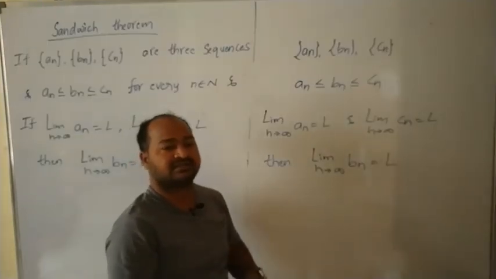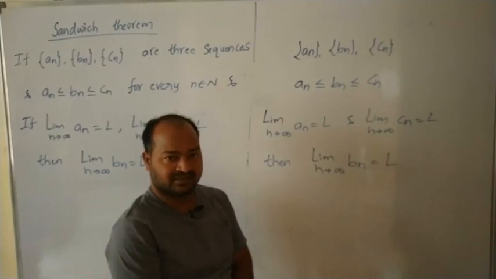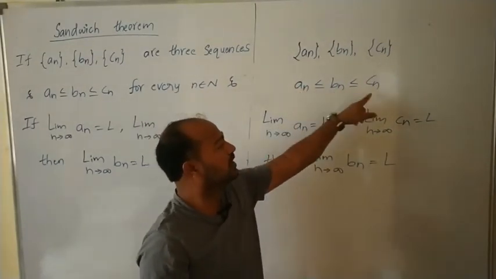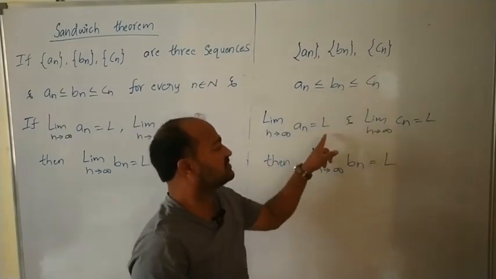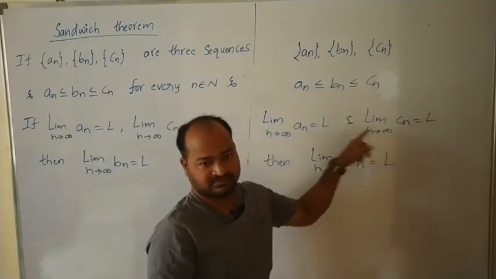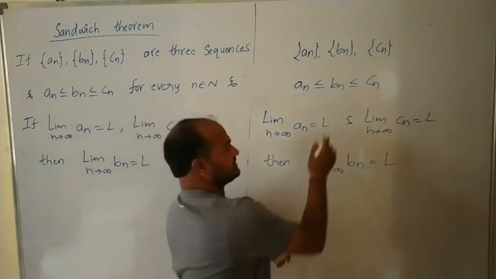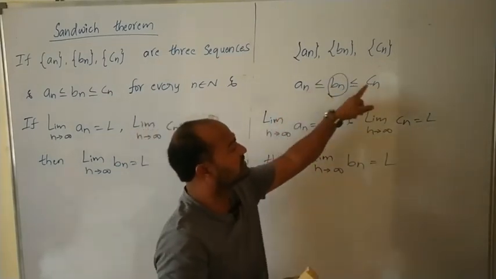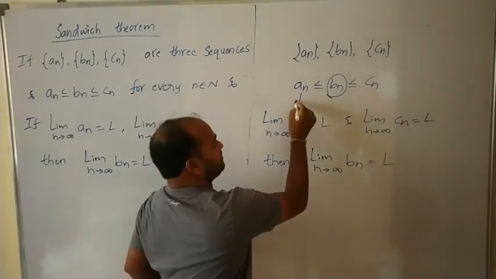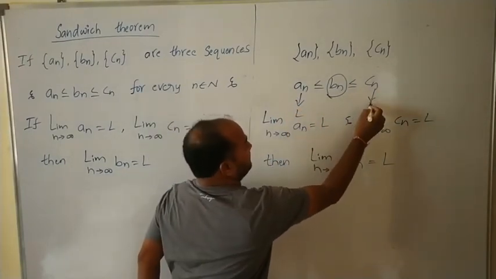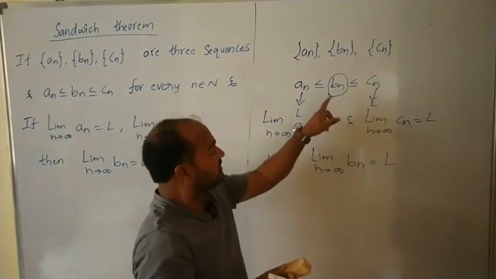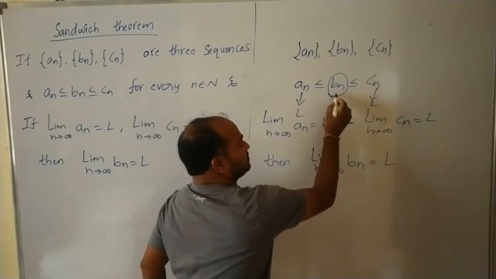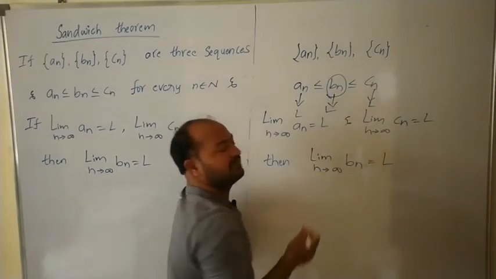That means sandwich theorem means if a sequence lies between two convergent sequences with the same limit l, then this sequence also must converge to the same limit, that is l.